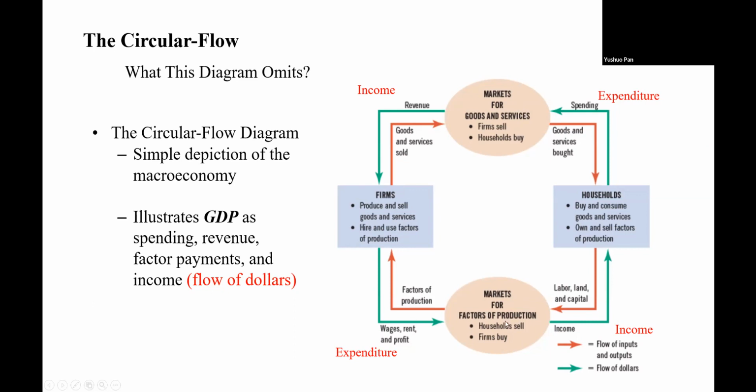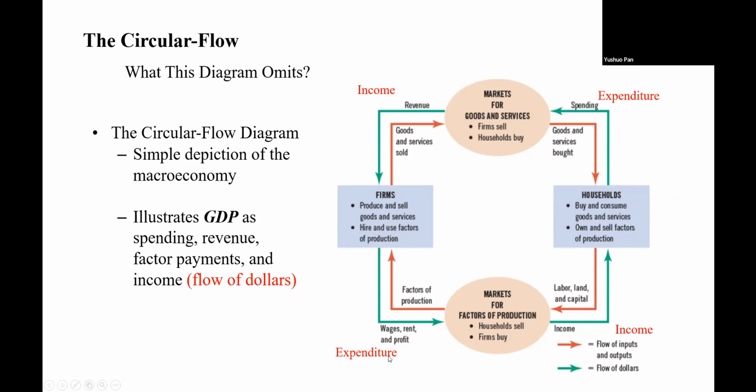And the same, in the market for factors of production, the firms are going to hire workers and rent capital, buildings to do the production. So in this market, firms are going to pay wages, rent, or other things to households. That cash flow, or flow of dollars, will be the expenditures for firms.